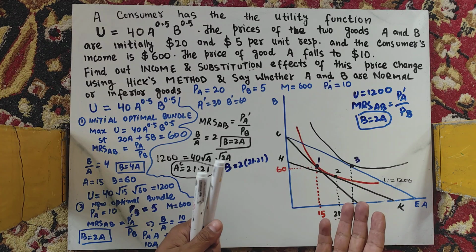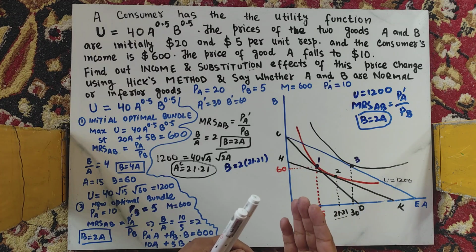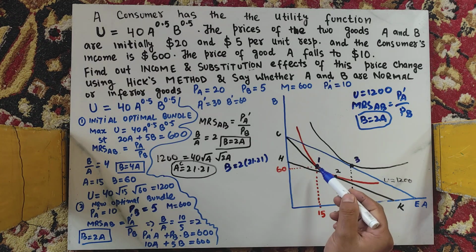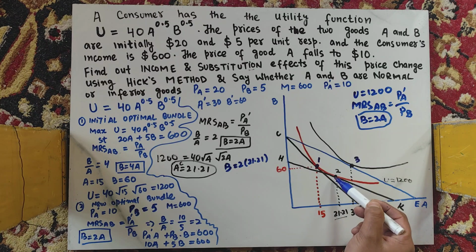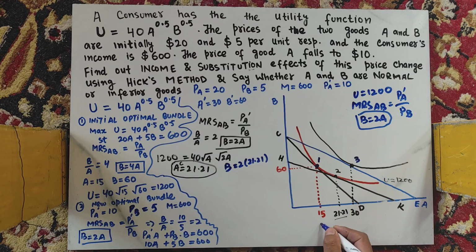Now what is the Hicksian substitution effect? Hicksian substitution is the change from the initial consumption of good A to this new compensated consumption. So let us say this was our A, this was A prime, this was A compensated.